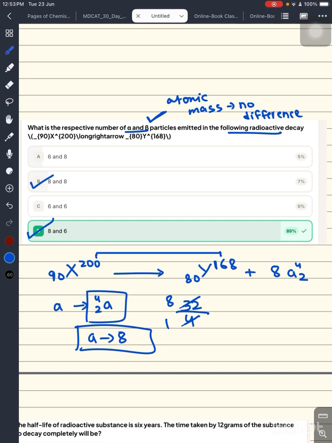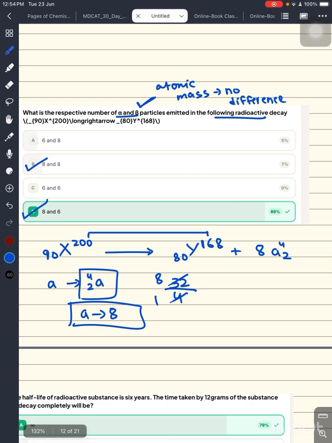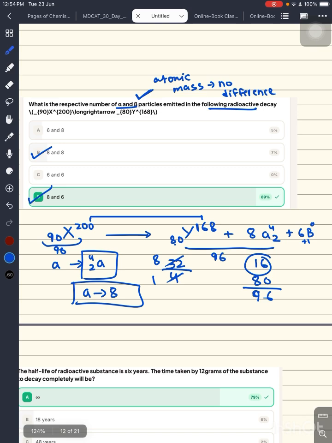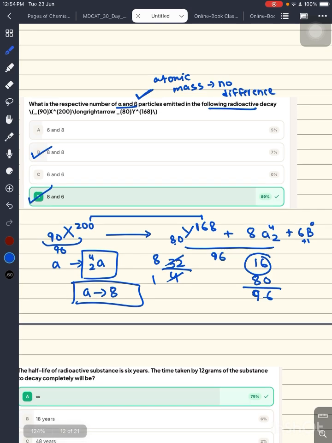So we have to balance this equation by adding the beta particle. Now let's see, here there is 90, 8 times 2 is 16, right? And here, 80 + 16 is 96. Here 96 is the proton number and here it is 90, so the difference is 6. So 6 beta particles will be produced to make it equal. Now understood? Now see, here there is 90, here also 90: 80 + 16 - 6 and it would be 90. So the correct option is D.